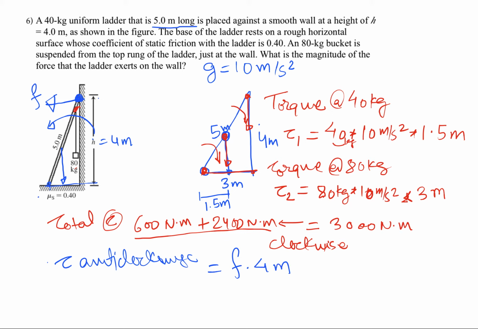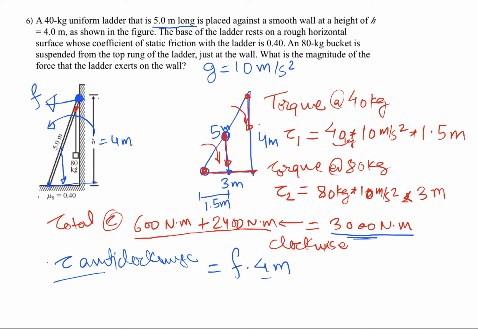As you can see, you have anti-clockwise and clockwise. This is the clockwise torque, because of the two weights, and this is the anti-clockwise torque, because of the force of contact on the wall. They must be balanced, because otherwise the ladder would not stay there. So the total torque tau 1 plus tau 2 summed up, and this anti-clockwise torque, must be equal.